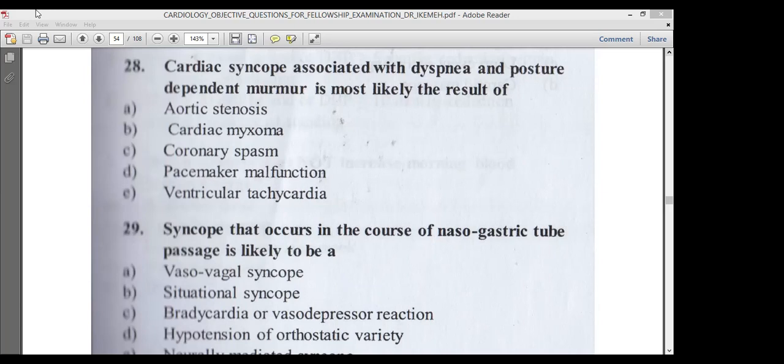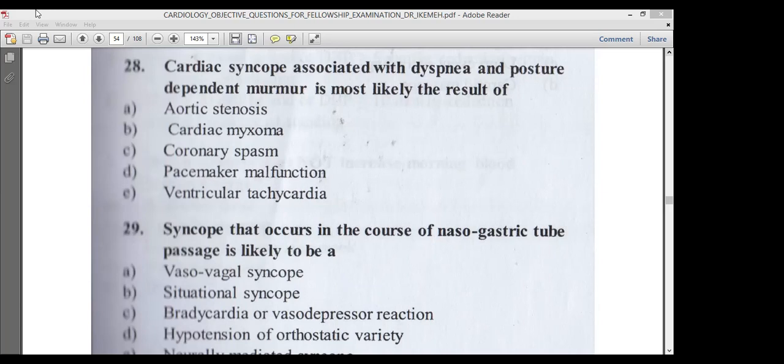Okay, I think the key point in this question is the posture-dependent murmur, because virtually all of the options can give syncope, and can also give shortness of breath, but only cardiac myxoma can give a murmur that changes with posture.